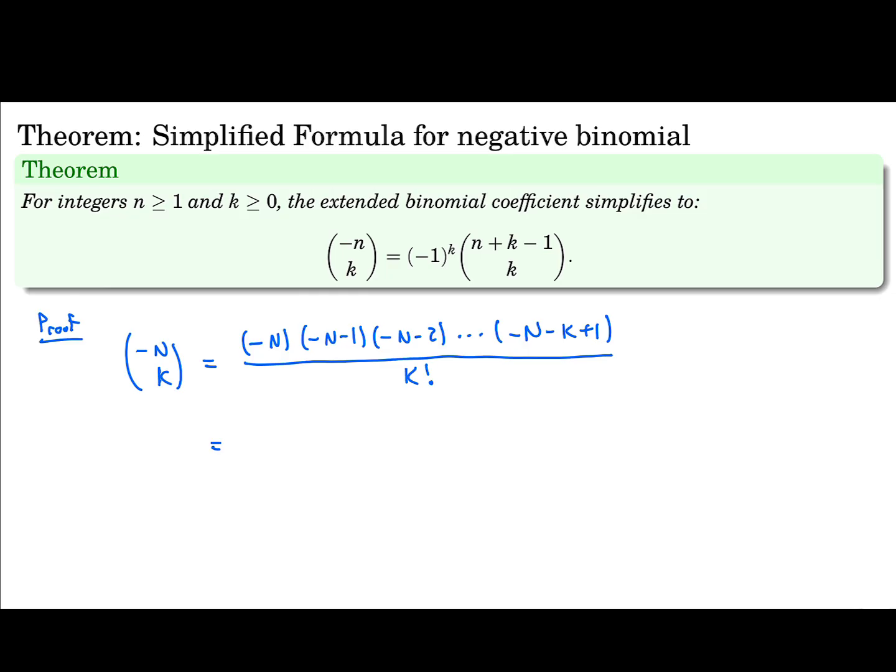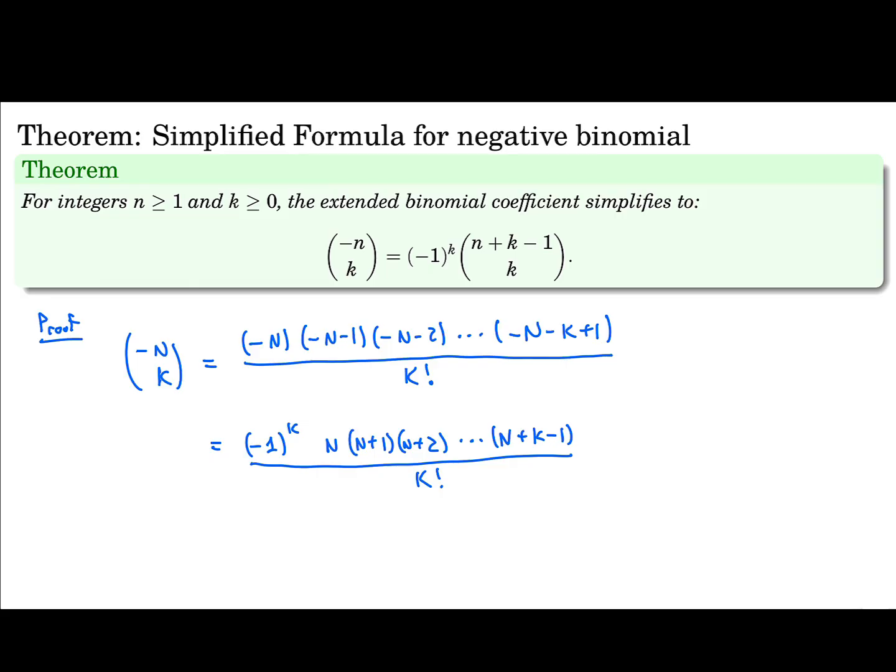Now, notice that since you have k of these, you can factor out the minus 1 from each one of them, and you'll get minus 1 to the power of k. And now you get all of these, but in positive form. So n, n plus 1, n plus 2, all the way to n plus k minus 1, over k factorial.